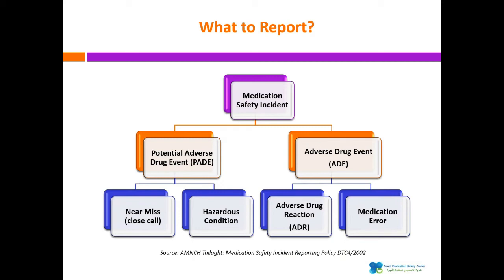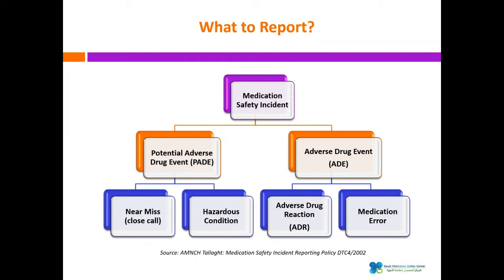A near miss is a situation where an error has occurred, but it's prevented from reaching the patient by our policies and procedures. So, for example, had the anaesthetist drawn up the rocuronium and done an independent double check, and that second person had identified, this isn't midazolam, this is rocuronium, that would have been a near miss.